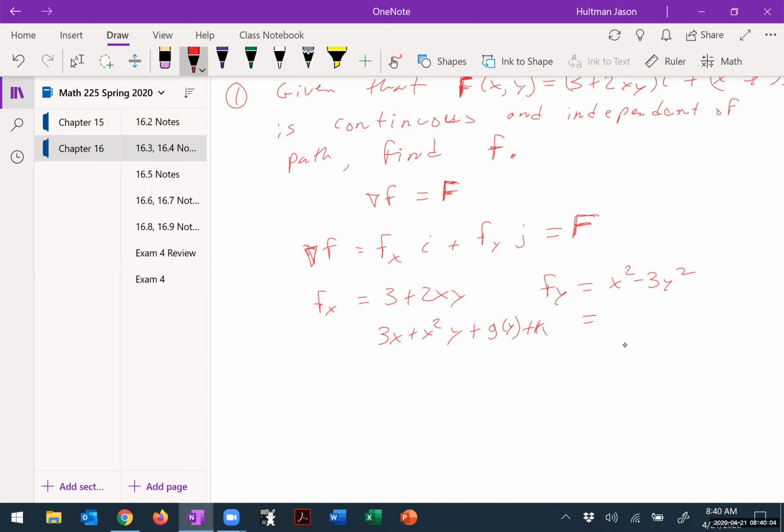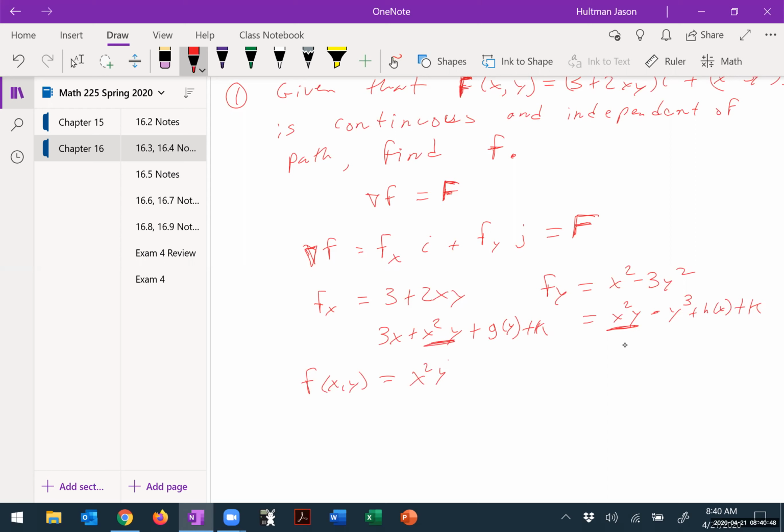What about f sub y? Well, same thing. This is x squared y minus y cubed, plus, we'll call this h of x plus k. So we want the whole parent function. What's the whole parent function here? F of x, y. It looks like x squared y is what they have in common.